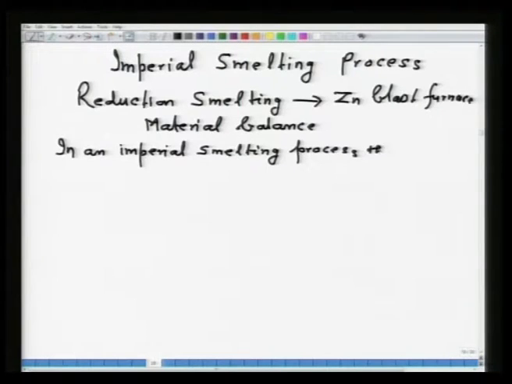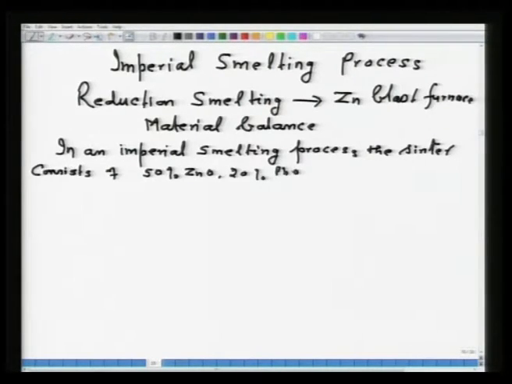The sinter consists of 50% zinc oxide, 20% lead oxide, 20% FeO and 10% SiO2.